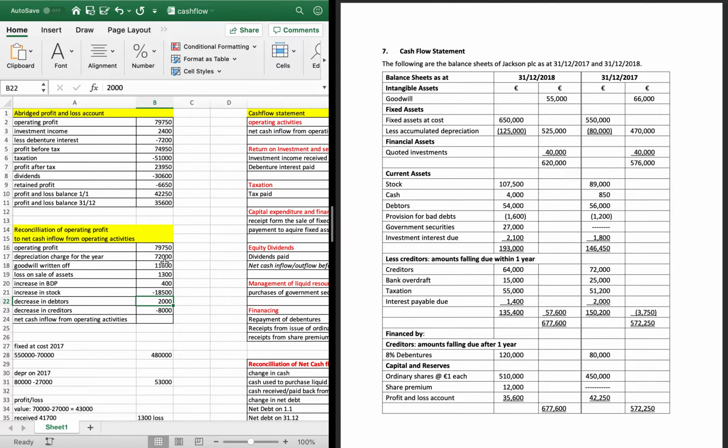Adding on our decrease in debtors because if debtors goes down, that means people who owe us money have paid us off some money, and taking away our decrease in creditors because we've paid off some of our debt, decreasing our cash. That gives us then our net cash inflow from operating activities.